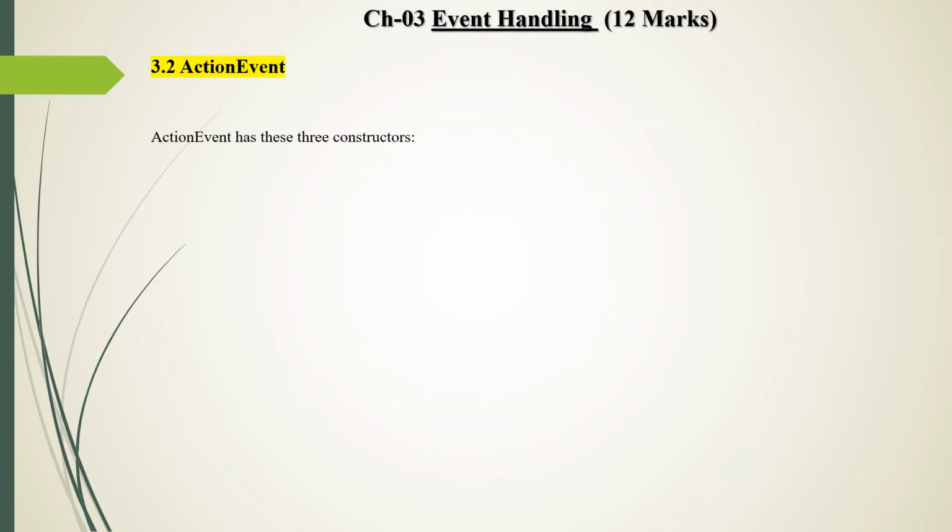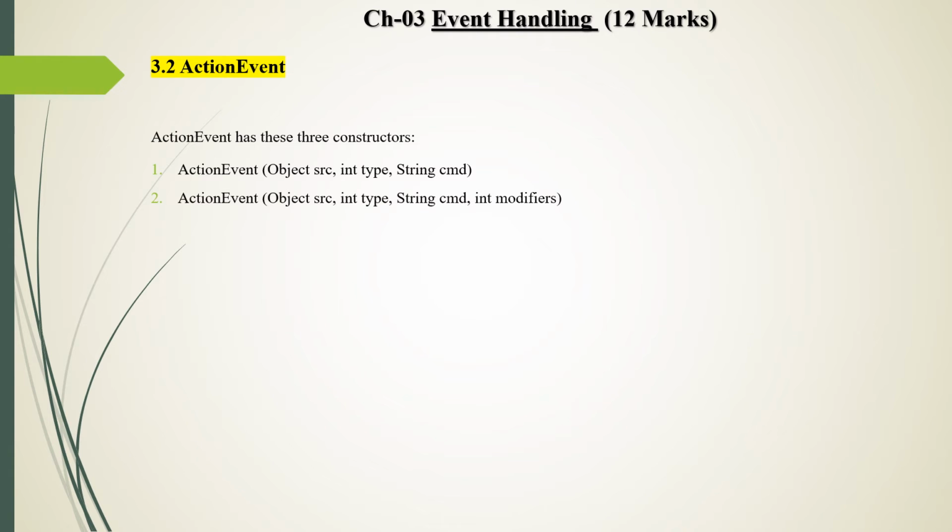Then next, there are three constructors of action event class. First constructor has three parameters. First one is object source, second one is integer type, and third one is string command. Second constructor has four parameters. One additional parameter is integer modifier.